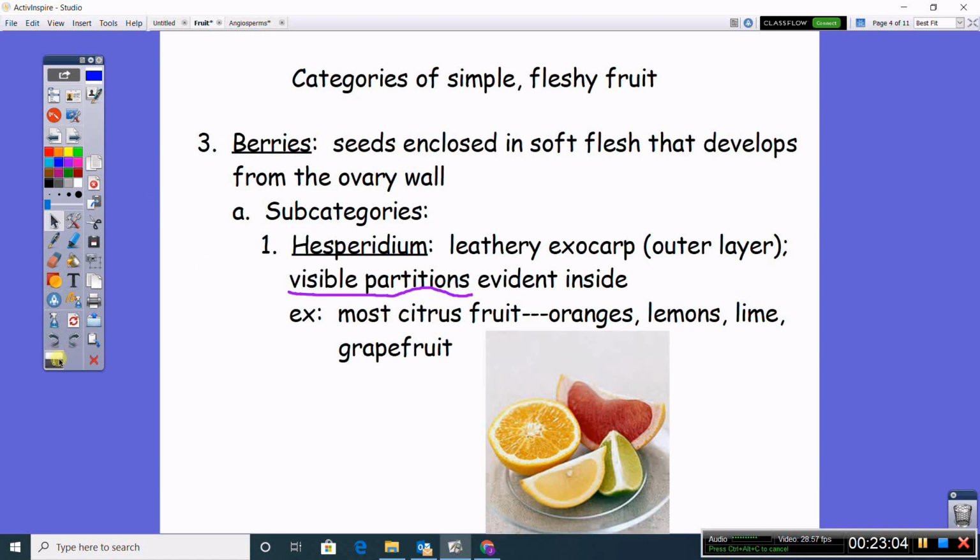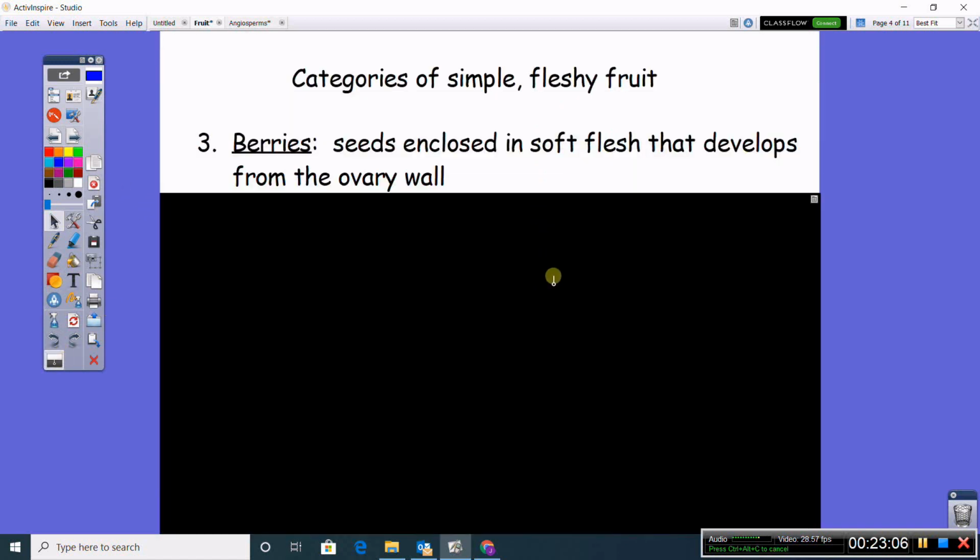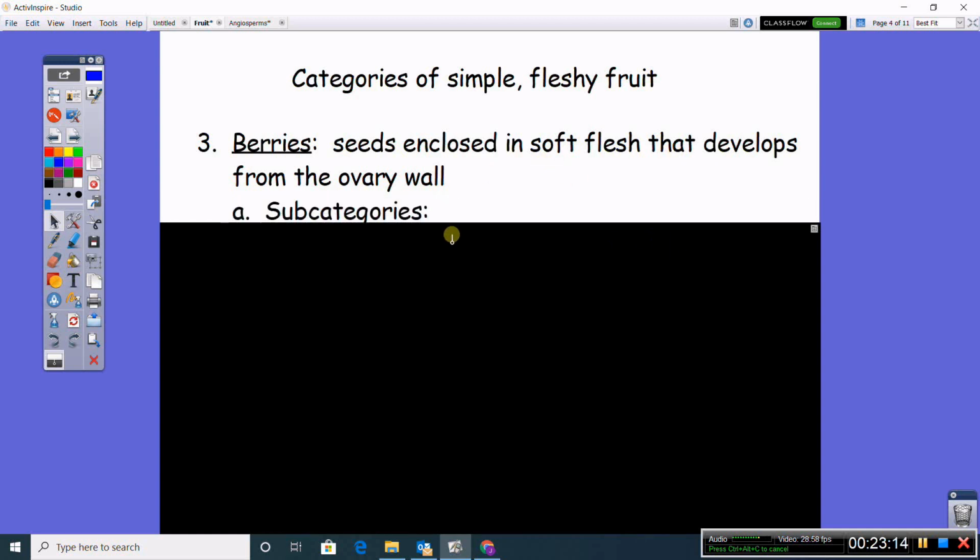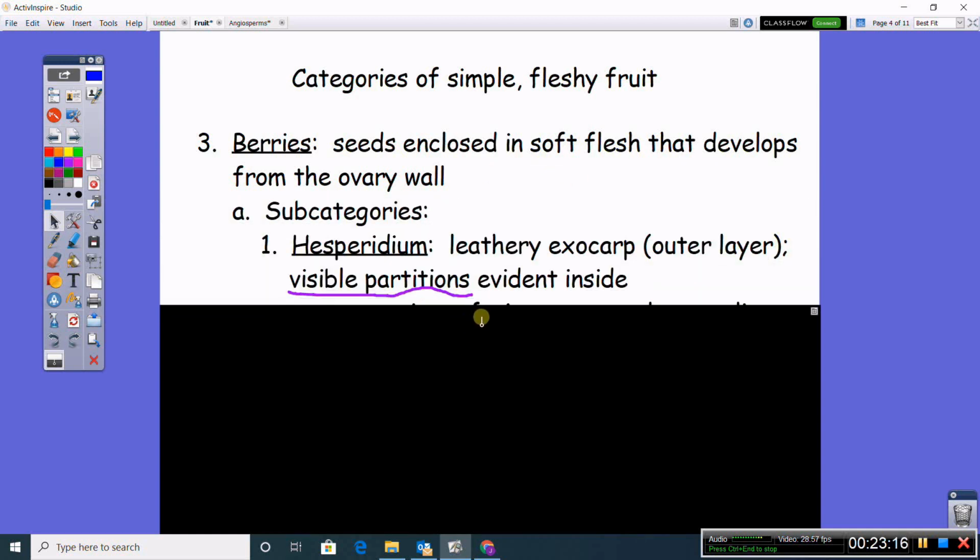Okay, next are your berries. Now, berries is a pretty broad category. This just means seeds enclosed in a soft flesh that develops from the ovary wall. I'm more concerned that you understand the category of berries here. So the first category is a Hesperidium. Okay, it's got a leathery exocarp, which is just the outer layer, kind of like the rind.